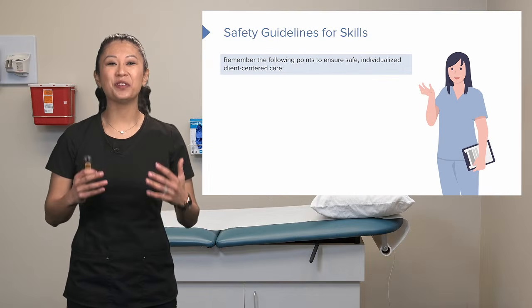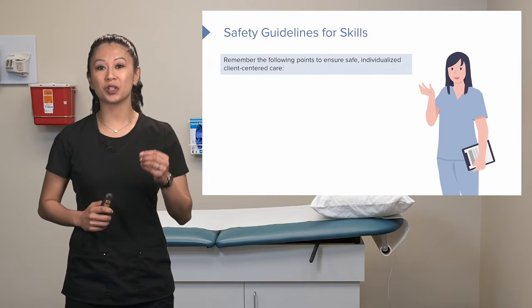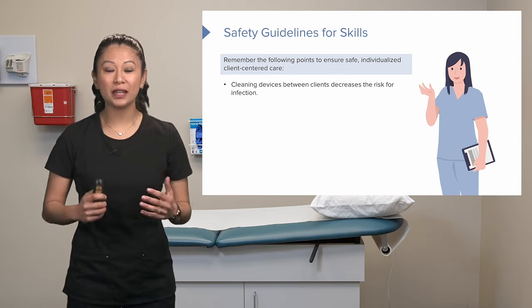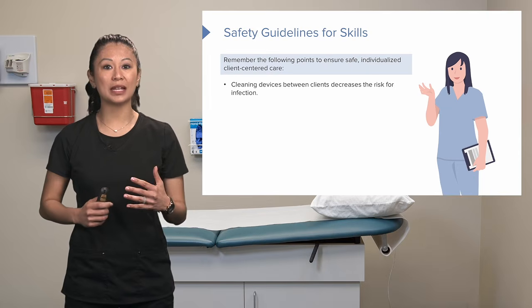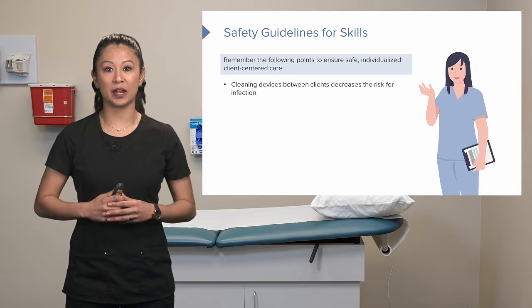Let's talk about a few more safety guidelines when we're measuring vital signs for a patient to ensure safe, individual, client-centered care. Now, a really important point is to clean your devices between client uses. This is going to help decrease the risk of infection.